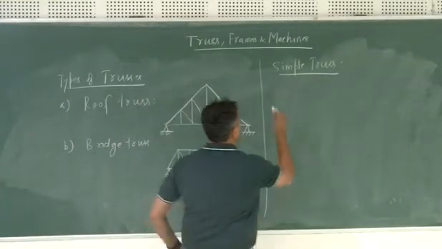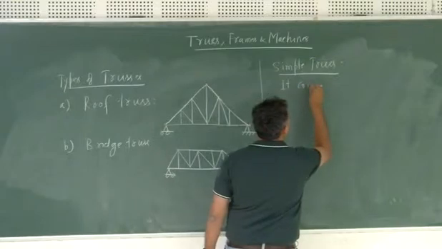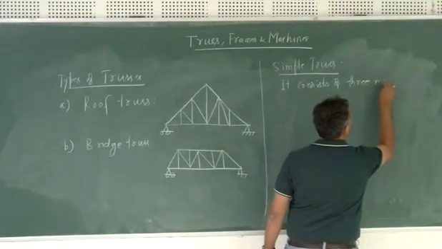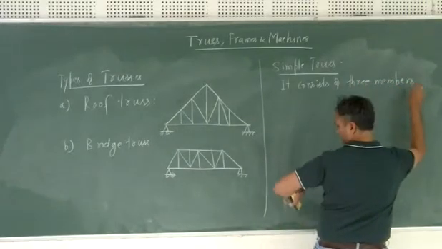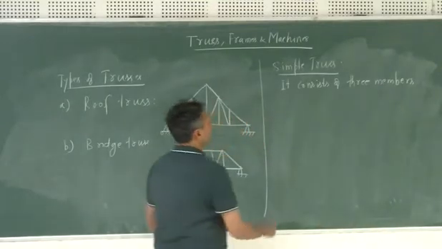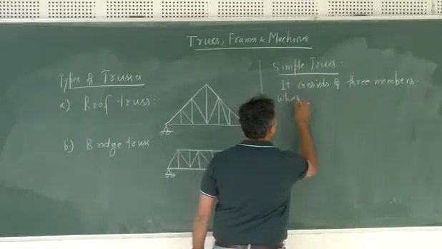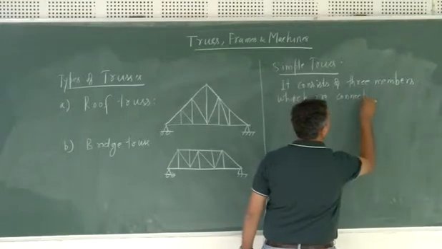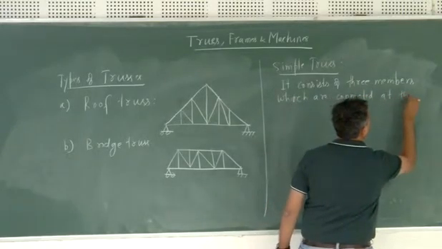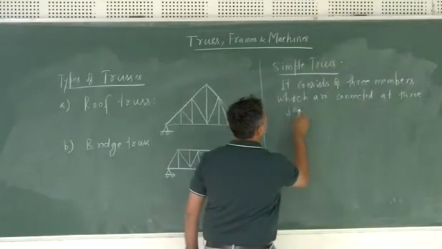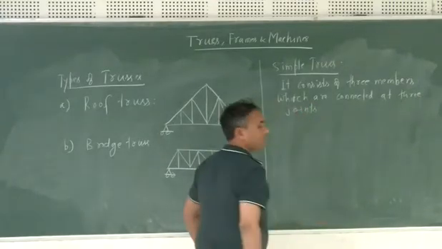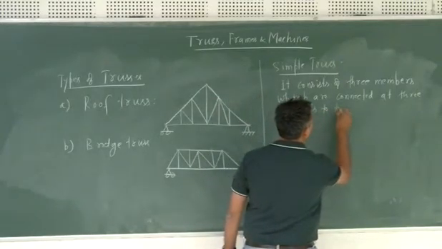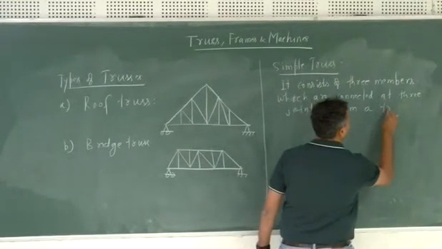A simple truss consists of three members which are connected at three joints, and the rest of the members are joined to form a triangle.